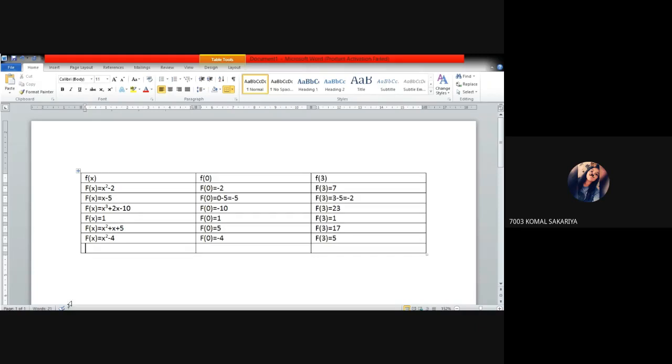Yes, madam. f of x is equal to x square minus x minus 7. Okay. Give f of 0. f of 0 is equal to minus 7. Very good.